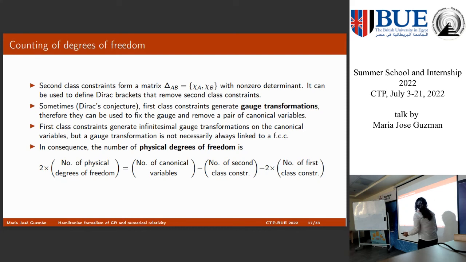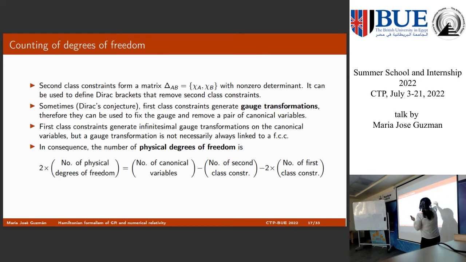For the second class constraints, they will form a matrix of Poisson brackets, which is always invertible. If it is not invertible, then you have first class constraints there. So the importance of this classification is that first class constraints have a very deep physical meaning.